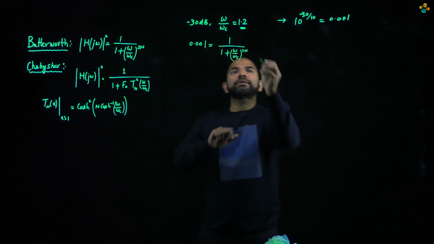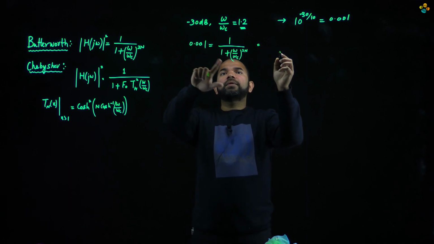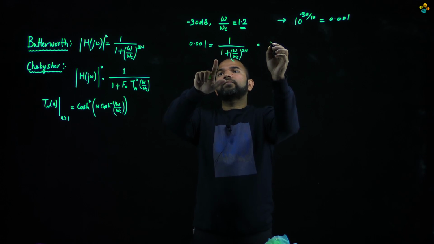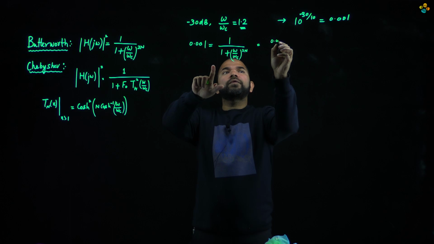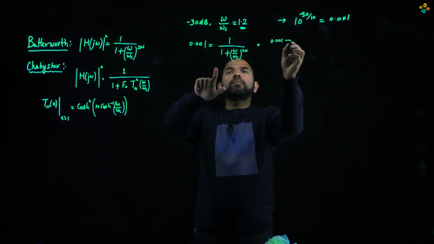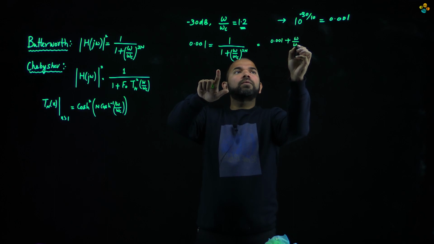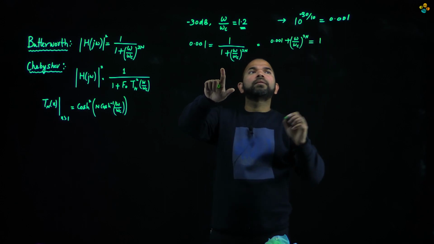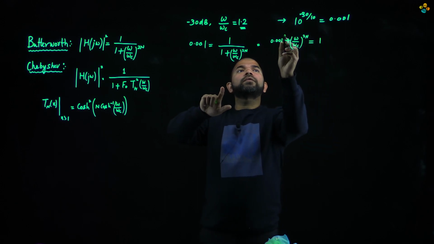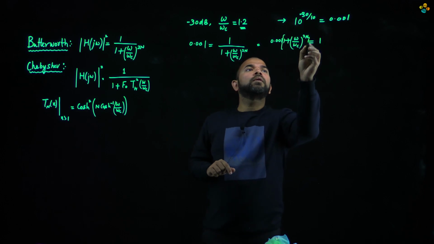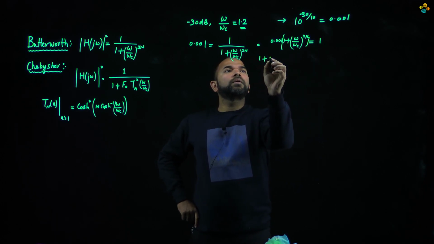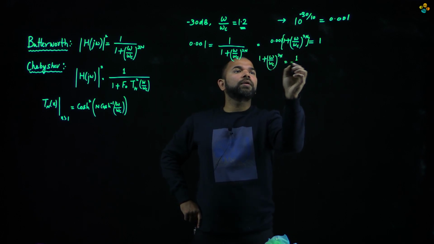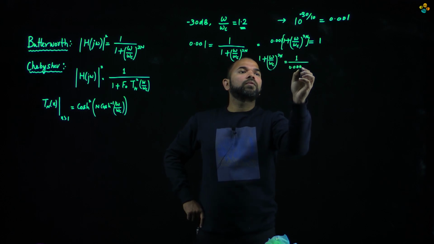If we solve for this, we can multiply across, so 1 plus omega upon omega c to the power 2n equals 1 divided by 0.001.